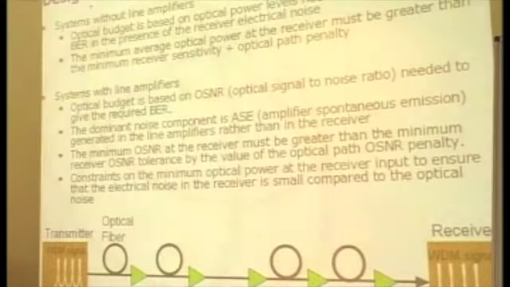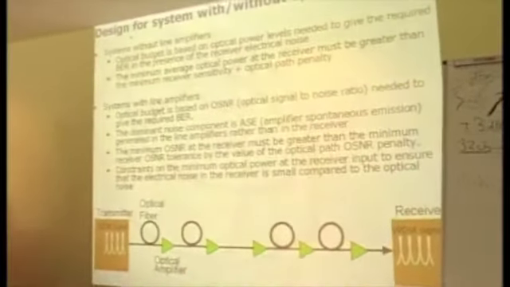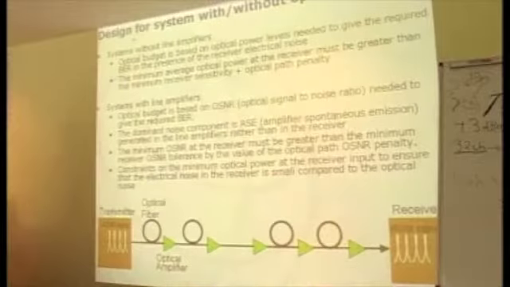This is a description in Chapter 7 of your ITU-T handbook. First of all, the simpler case is systems without line amplifiers. Without line amplifiers, the optical budget is based on the optical power levels needed to give the required BER in the presence of receiver electrical noise.